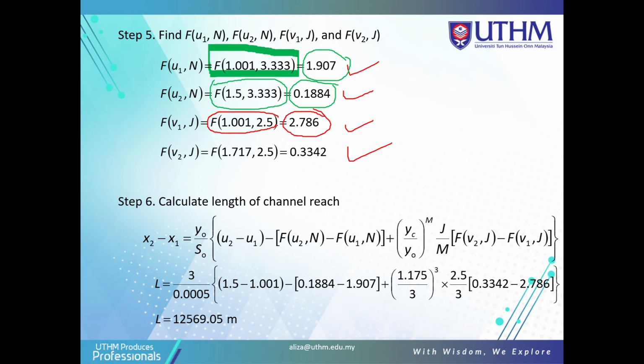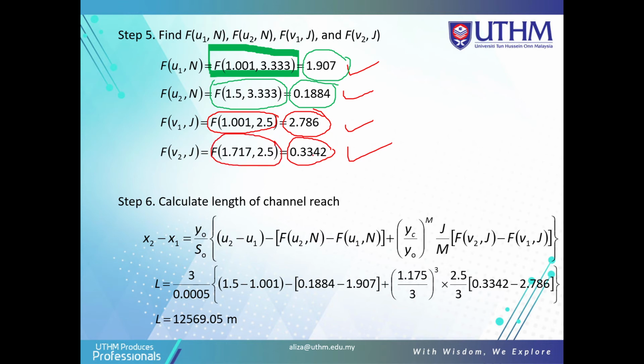So the process to find the V2J is also the same table here until you get this one. I will show you how to get this one. After this one, we get 0.3342 here, with the same step.